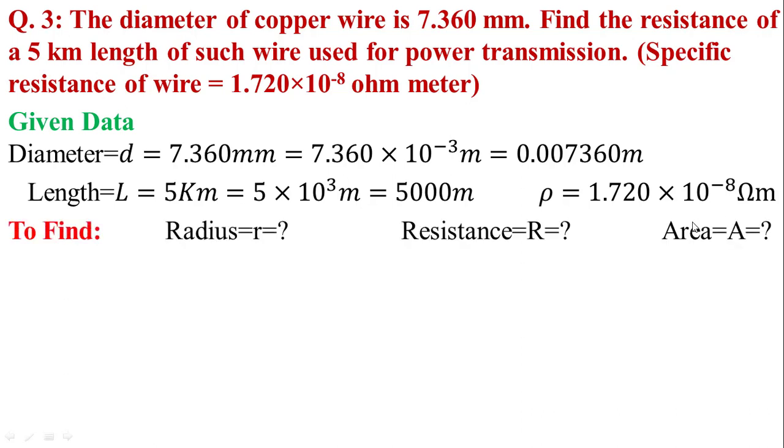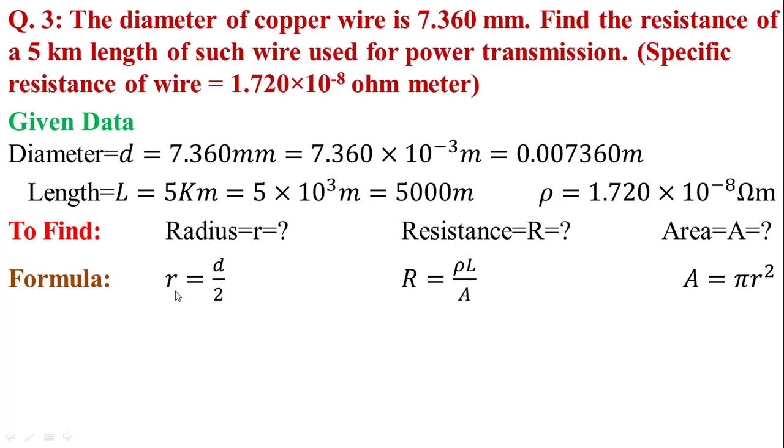Now we can find the resistance capital R and the area A. But we require the radius R also. So we can use the formula for finding the radius. According to the statement, diameter is given and radius is half of diameter.